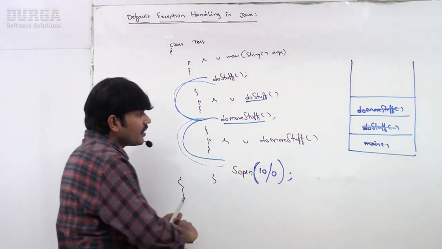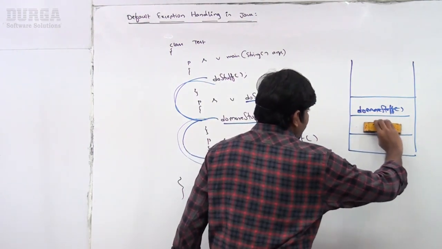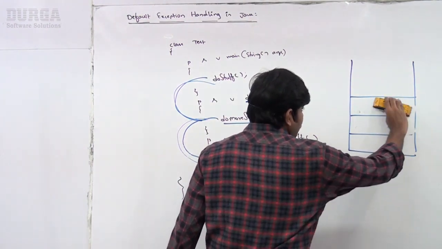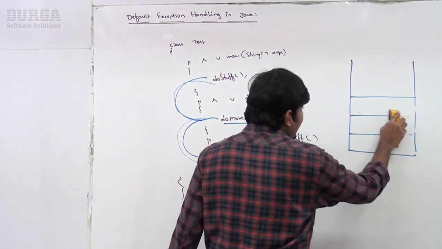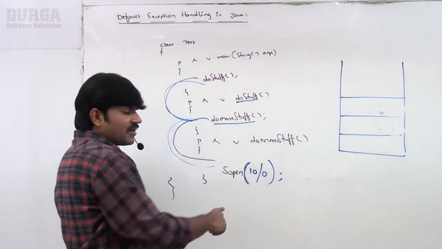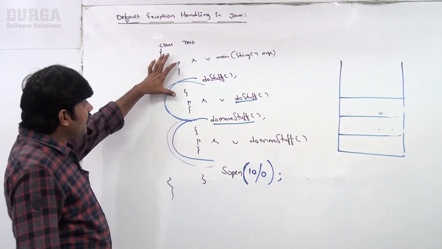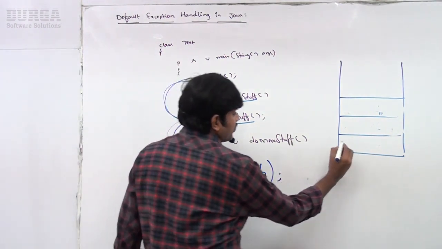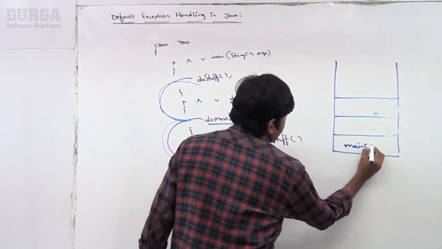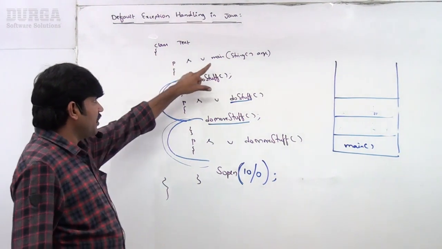Now let me make my stack empty. How many threads are there? Just now I explained, only one thread, the main thread. Now the main thread first calls the main method.